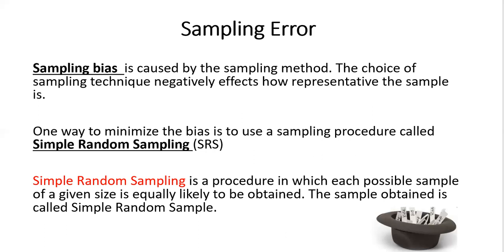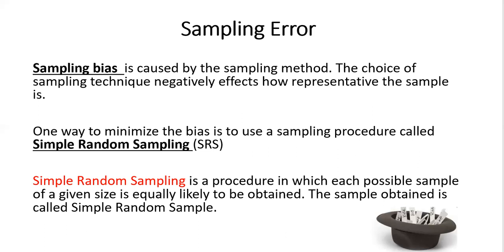And it's caused by the sampling technique that we select. So the sampling technique may negatively impact how representative the sample is. So we want to minimize this sampling bias, and one way to minimize the sampling bias is to employ a procedure that's called simple random sampling, SRS for short.